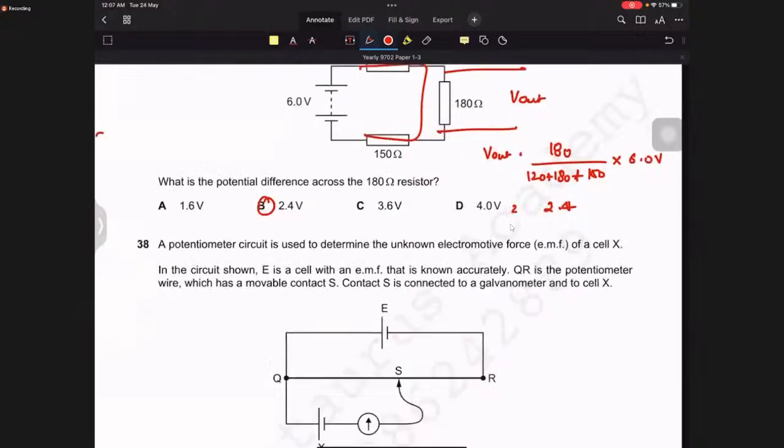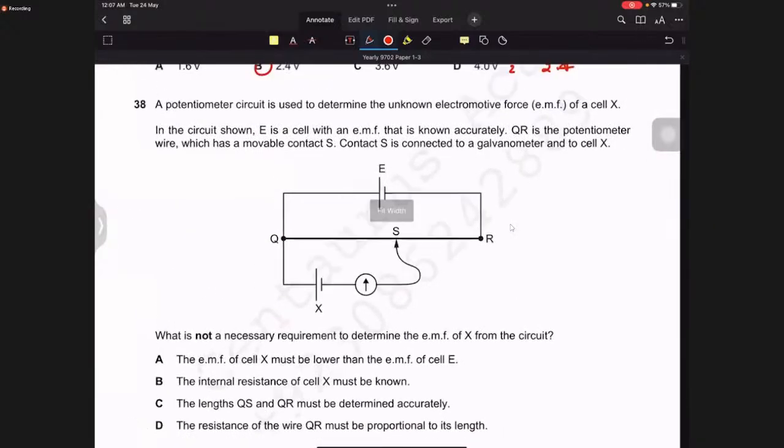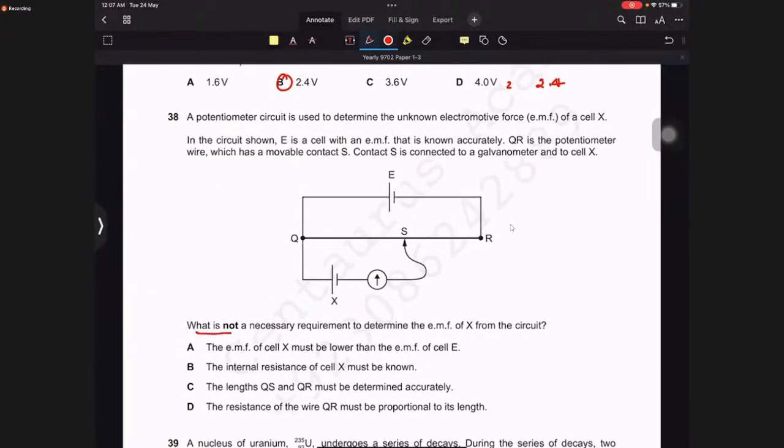Pretty simple right there. And potentiometer. What is not a necessary requirement to determine the EMF of cell X? The EMF of cell X must be lower than the EMF of cell E. That is absolutely wrong, it's not required. I tell you why. Because if it is lower than this, it doesn't matter.